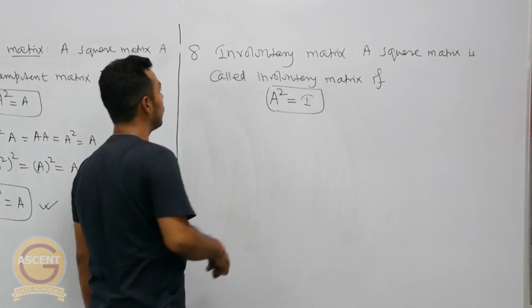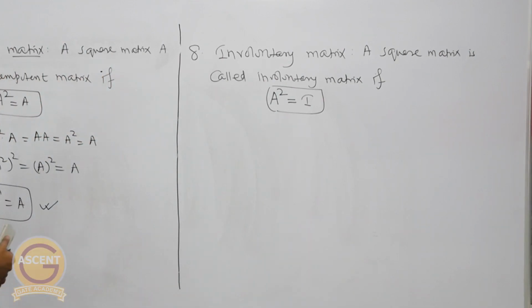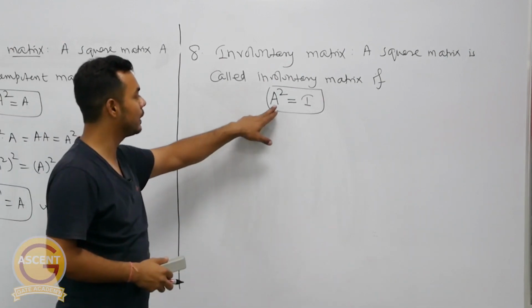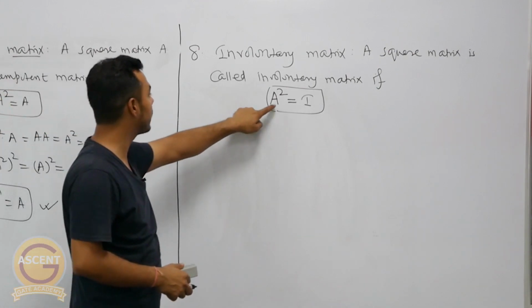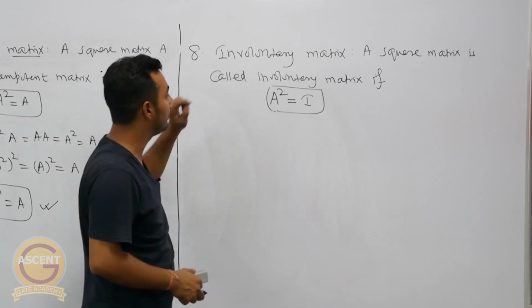So this is the definition. If A square is identity, then we say that A is involutory. If A square is A, then A is idempotent. If A square is identity, then A is an involutory matrix.